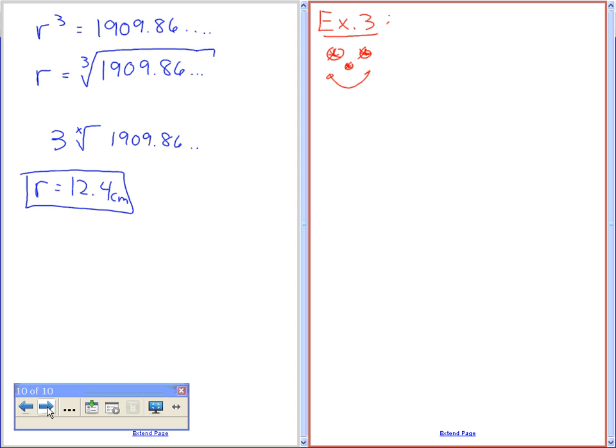So what we're going to say is this: 3 tennis balls, each with radius 4 centimeters, are sold in a cylinder.